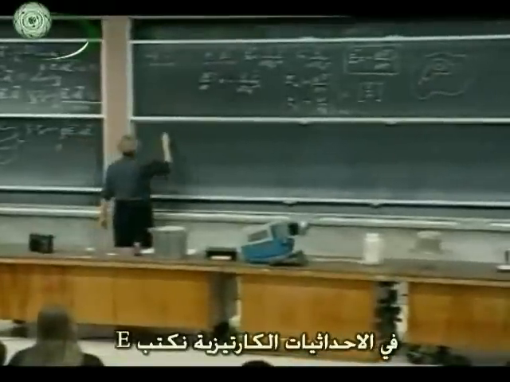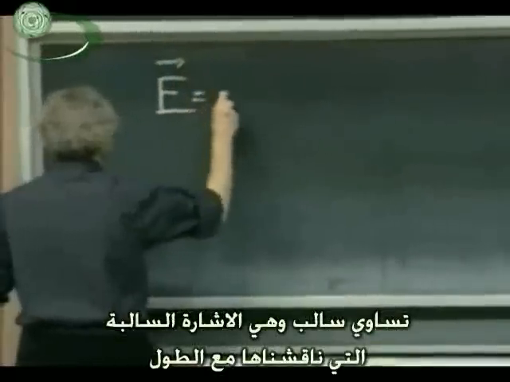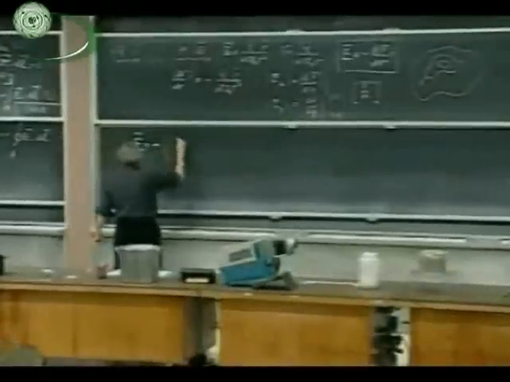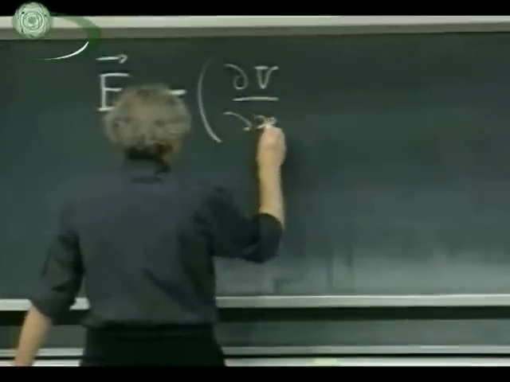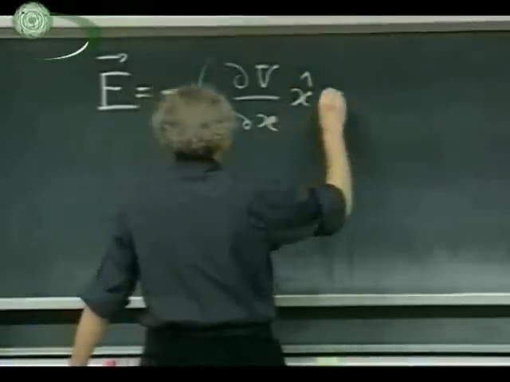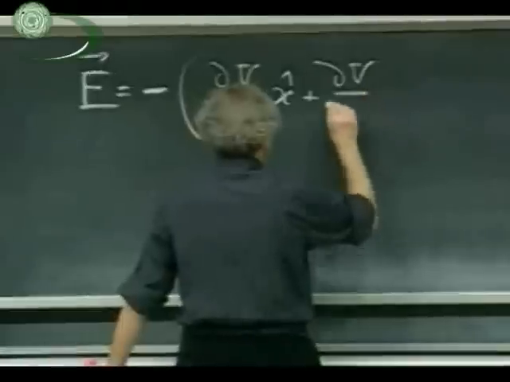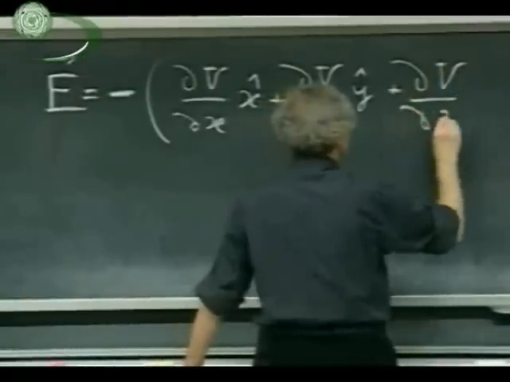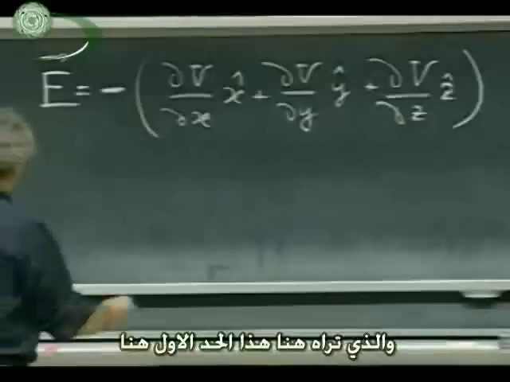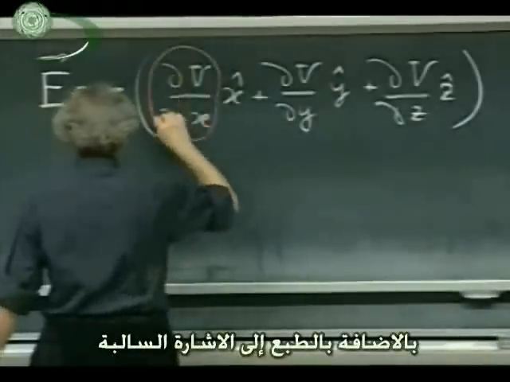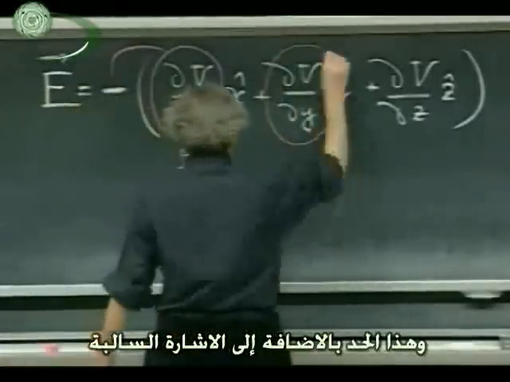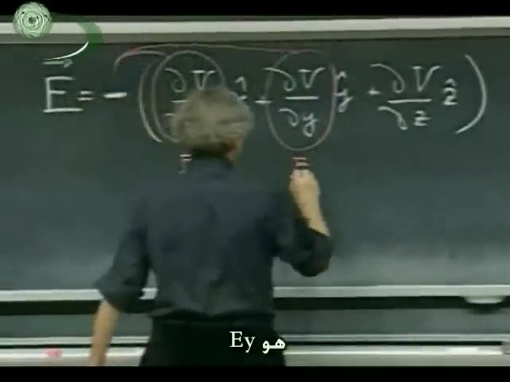And so in Cartesian coordinates, we now get E equals minus, that minus sign we discussed at length, dV/dx times x roof plus dV/dy times y roof plus dV/dz times z roof. And what you see here, this first term, including, of course, the minus sign, that is E of x. And this term, including the minus sign, that is E of y, and so on.